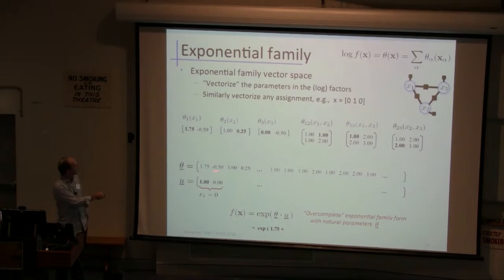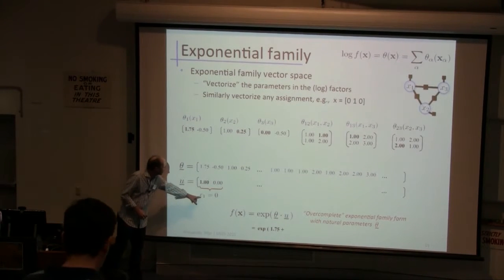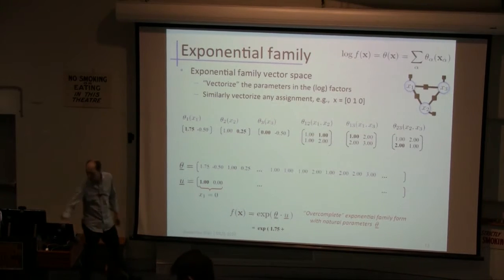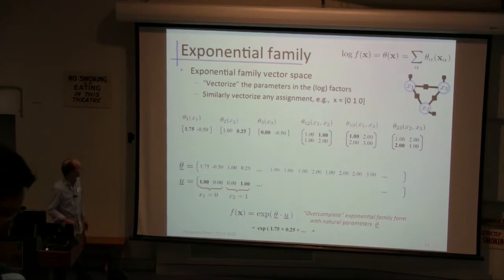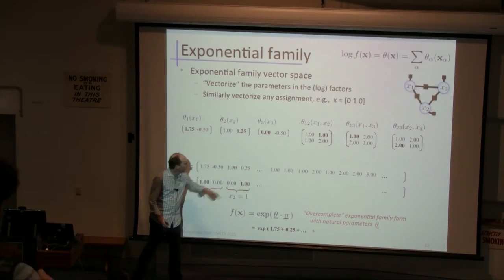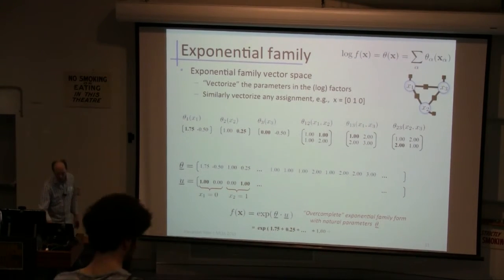So this part of our feature vector corresponded to our factor theta 1. And we can create a feature. So if x1 equals 0, we make this entry 1. If x2 equals 1, then we make x2's 1 entry 1, and so on.